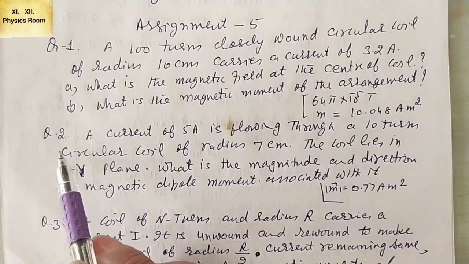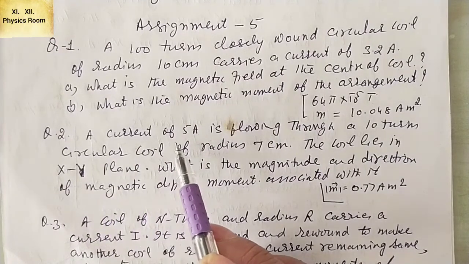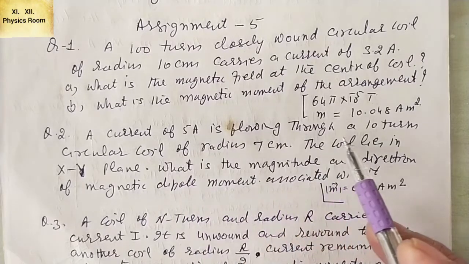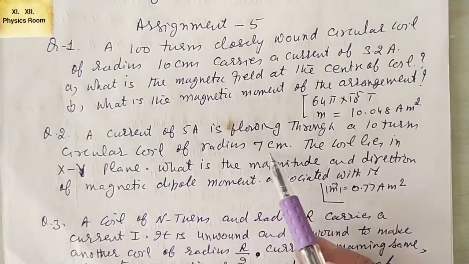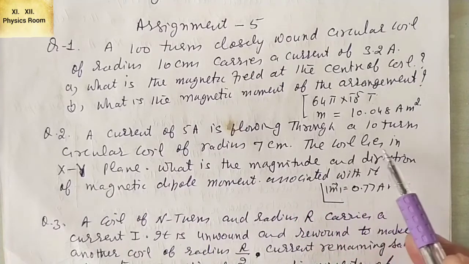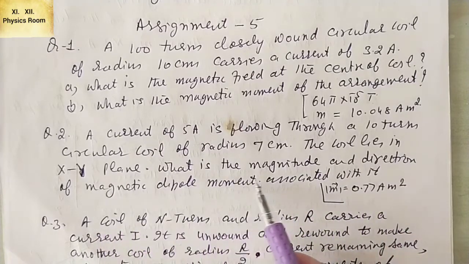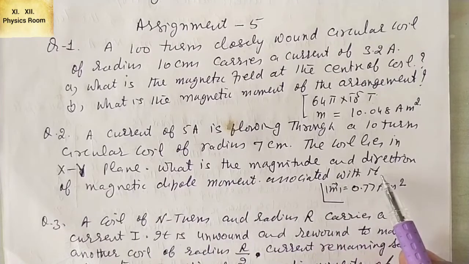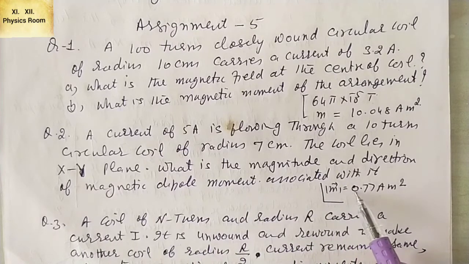Question number 2. A current of 5 ampere is flowing through a 10-turn circular coil of radius 7 centimeter. The coil lies in the XY plane. What is the magnitude and direction of the magnetic dipole moment associated with it? The answer would be M equal to 0.77 ampere meter square.